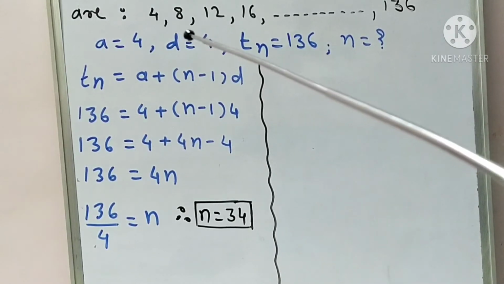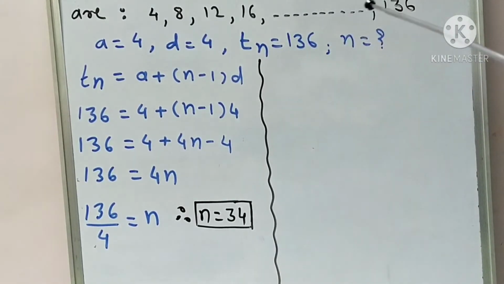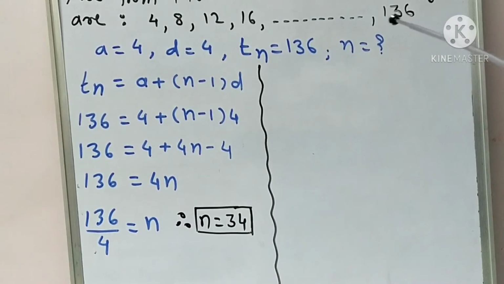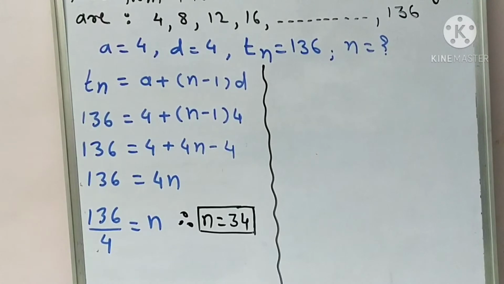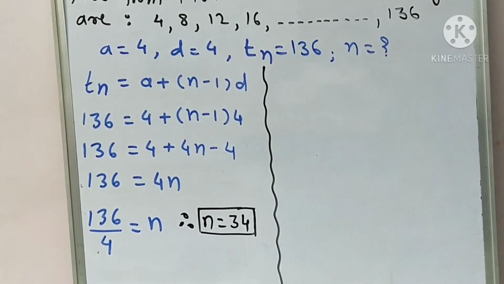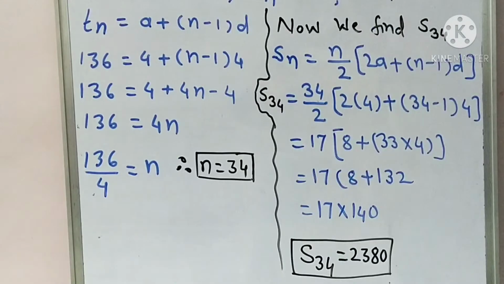Means here we have 34 terms, or numbers which are divisible by 4. Okay, and then using n as 34, now we find S34, means using the formula of Sn.